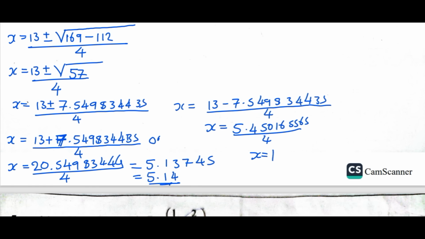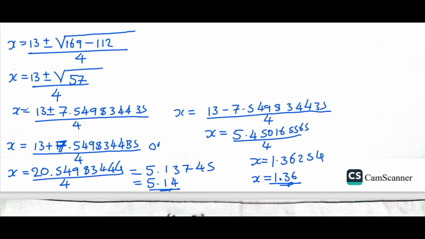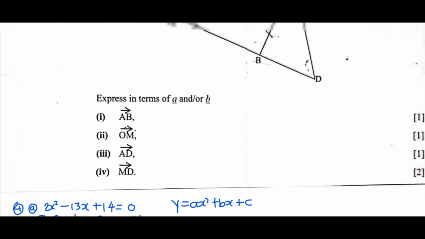So I'm getting 1.36254. So the final value is 1.36. So that's what I'm getting according to my calculator.